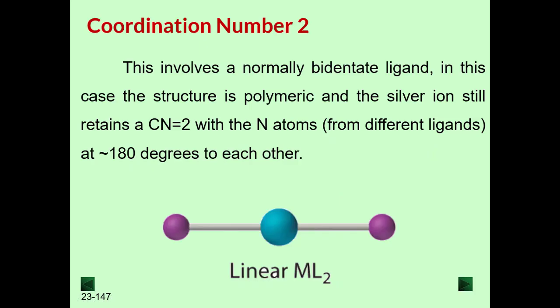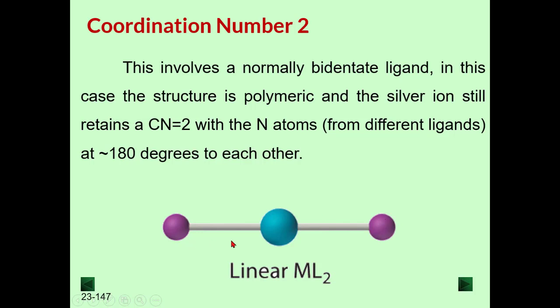For example, take coordination number 2. This means the central atom is at the center between the ligands, so two ligands take part. That is why this compound is called a coordination number 2 compound, which contains two ligands, represented by ML2, where M means transition metal and L means ligand.